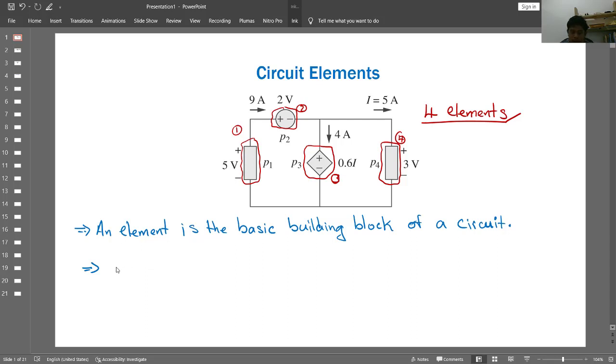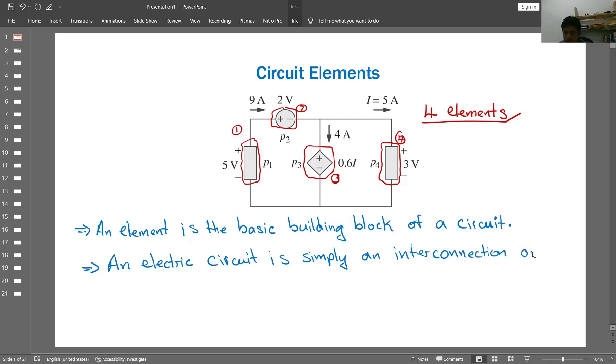It's a circuit because it applies the rule of an electric circuit, which is simply an interconnection of the elements.